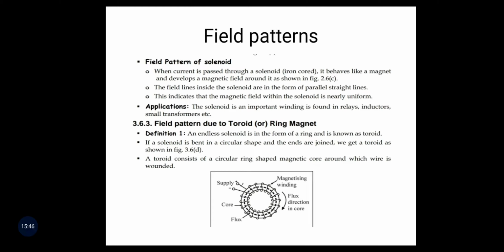Like a real magnet, it forms a north pole and a south pole. The flux is generated from the north pole and ends at the south pole.